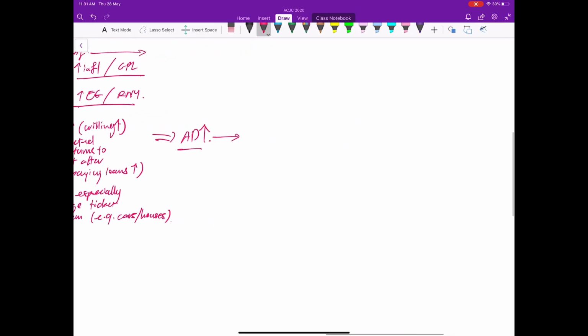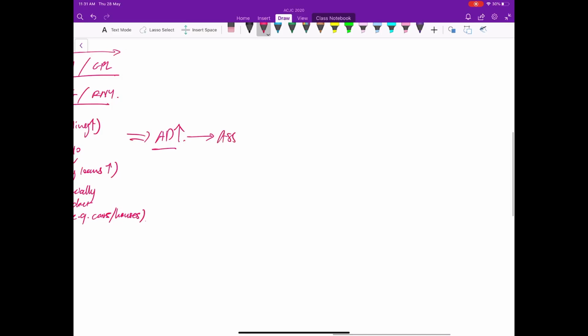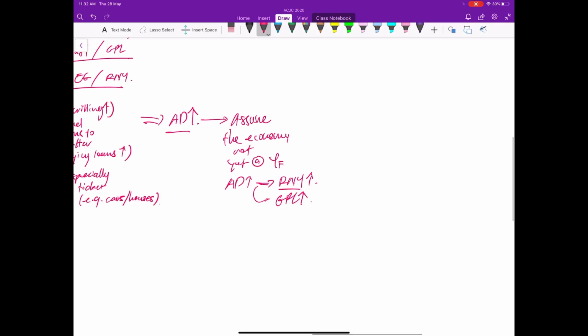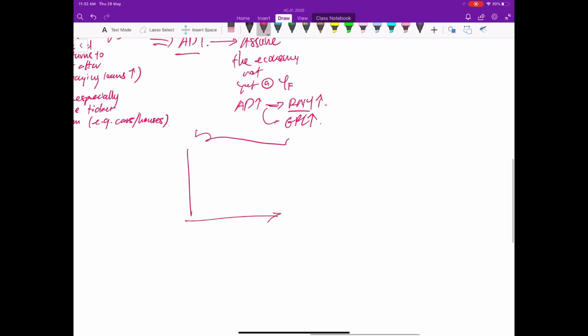And then if you assume the economy is not yet at full employment level, the AD increase will lead to an increase in real national income and possibly an increase in GPL. So if you are still not very sure on this point, let me just draw a graph quickly to show you how that looks.